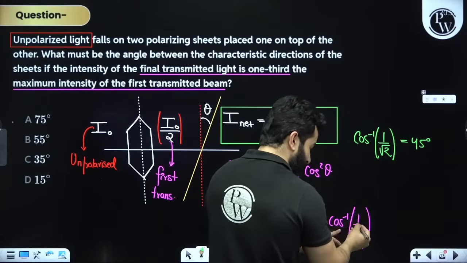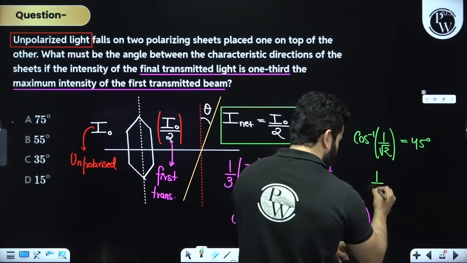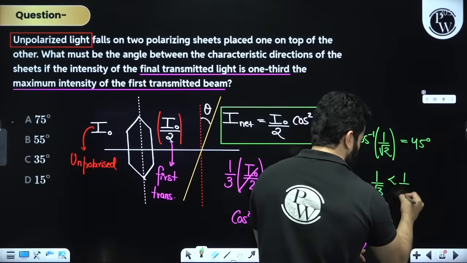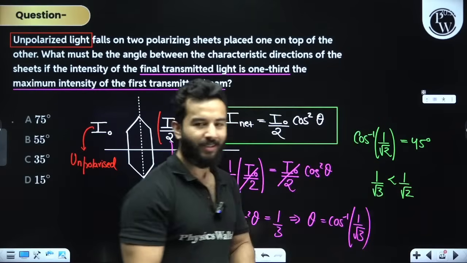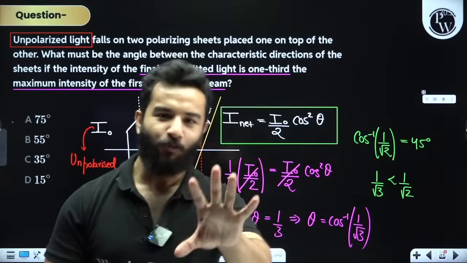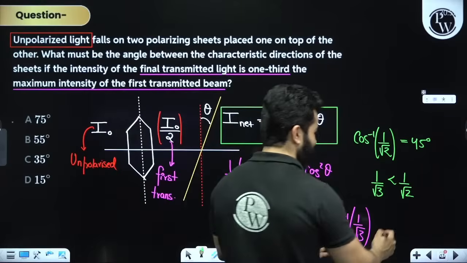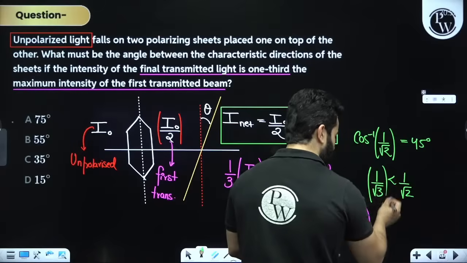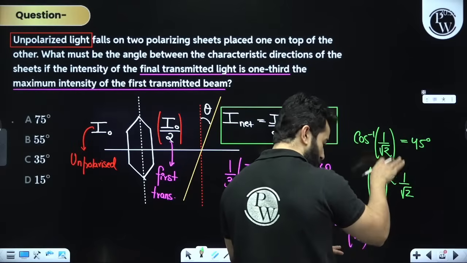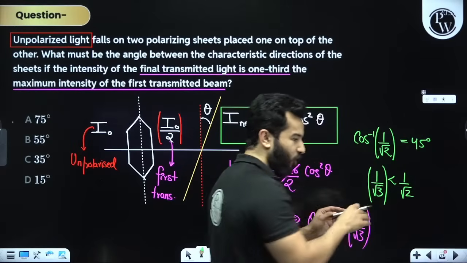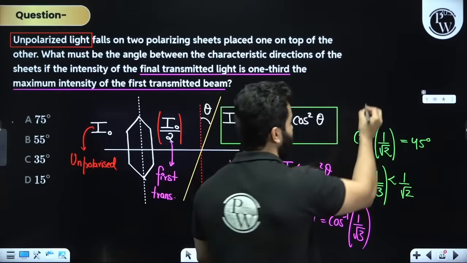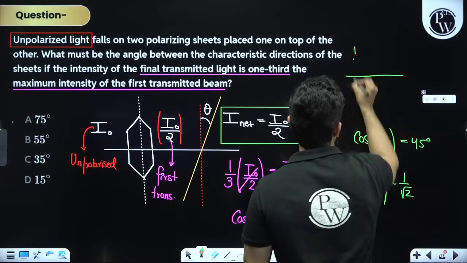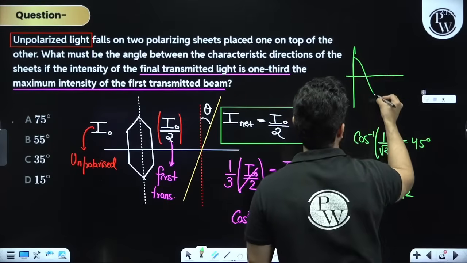By the way, please understand 1 by root 3 is obviously smaller than 1 by root 2. If the denominator is big, the whole number will be small, right? So if this number is small, then the angle will be more, because cos is a decreasing function. Cos comes like this, right?